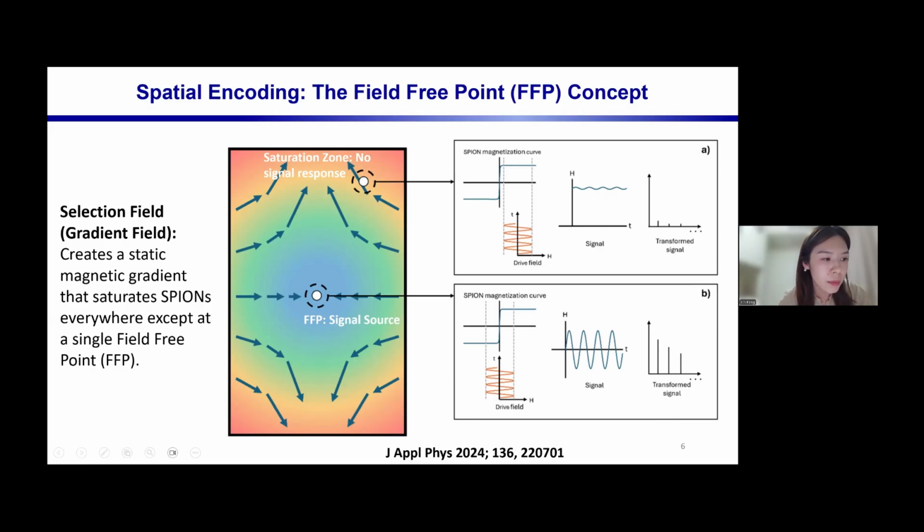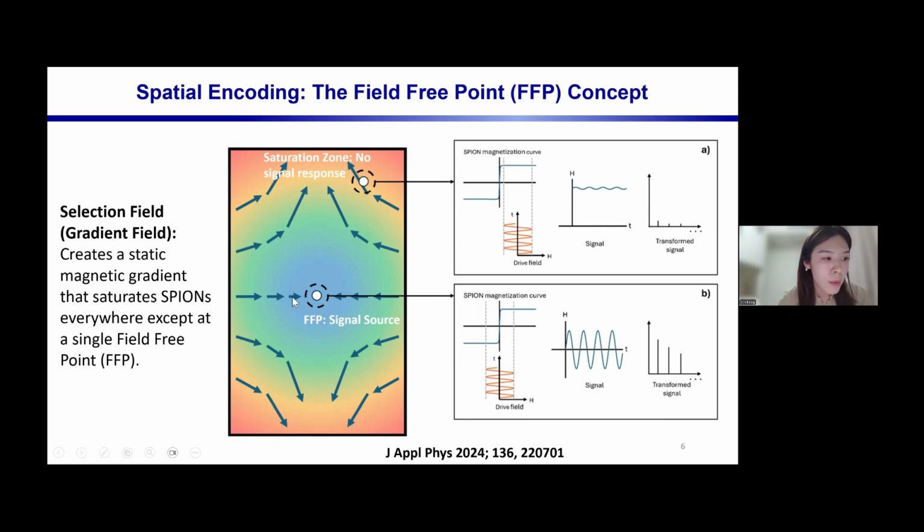And here's the very clever part. Outside this region, the magnetic field is so strong that all the nanoparticles, all the SPIONs, are saturated, so they're blocked and cannot send out any signal.